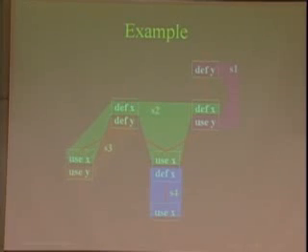Okay, so let's look at this one. Where are the places where there's interference? Which webs interfere? S1 and S2 interfere. Yes, because the convex set of S1 has these three instructions.